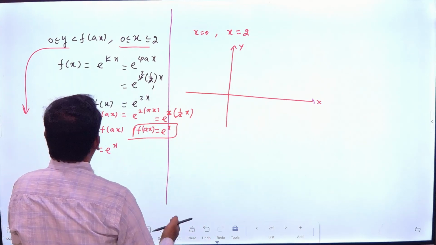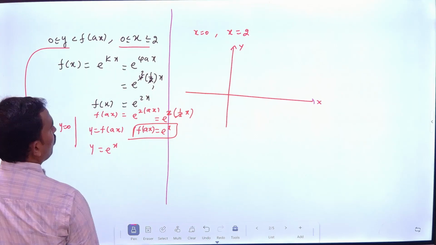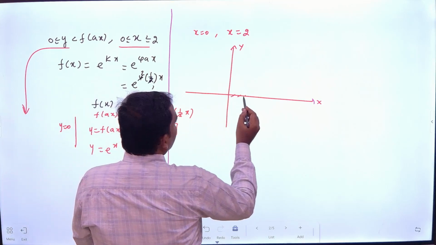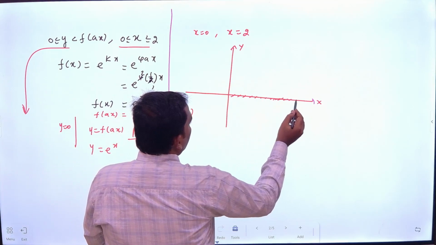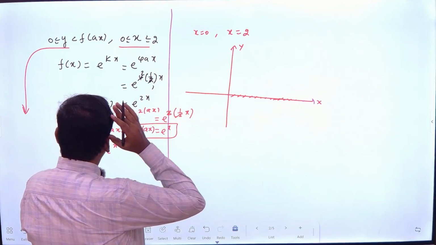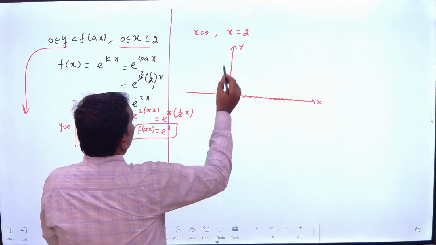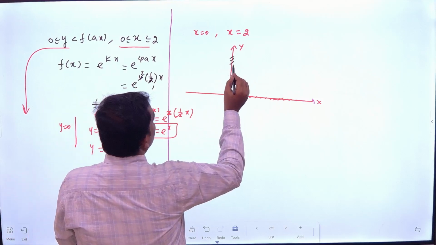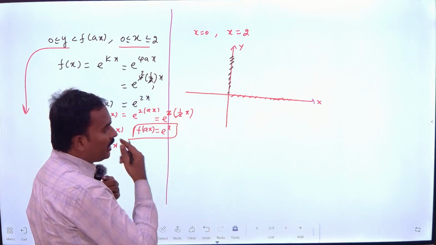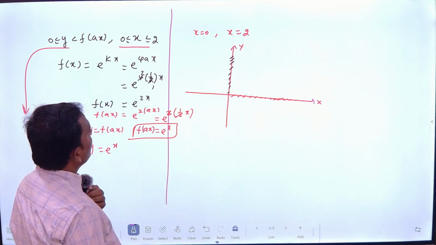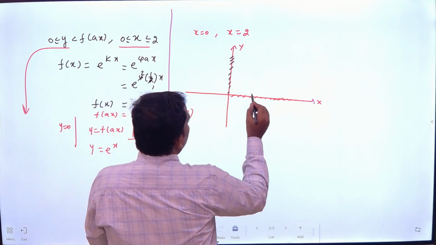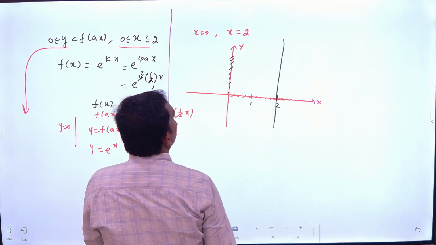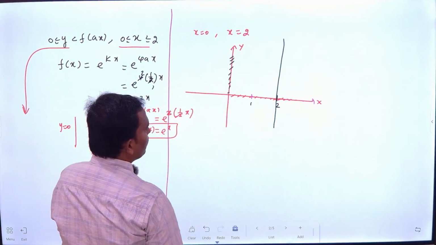But you need to draw from y value 0. Y 0 means the x axis, right? X 0 means the y axis, right? And x is equal to 2 means, let's take here is 1, here is 2. It is parallel to the y axis, x is equal to 2.